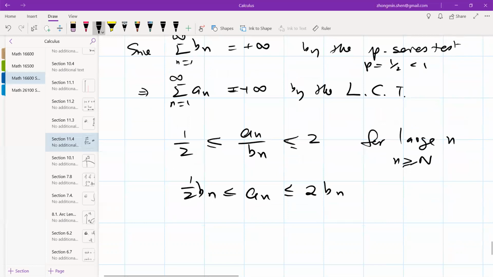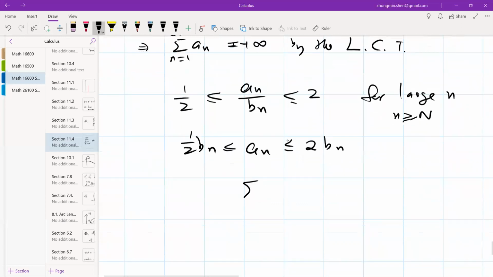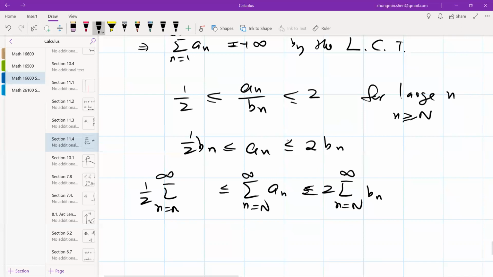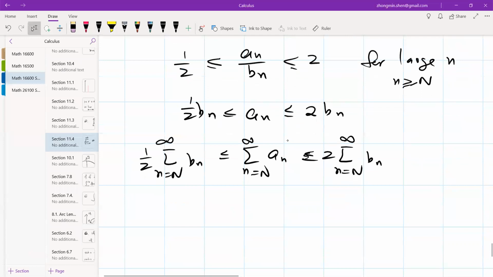Then you put a sigma for this large n, because the convergence is independent of the first terms. Okay, so now clearly, if one of these is finite, then the other one must be finite. When one of these is infinity, the other one must be infinity.